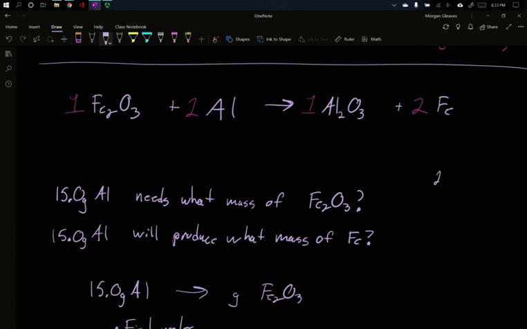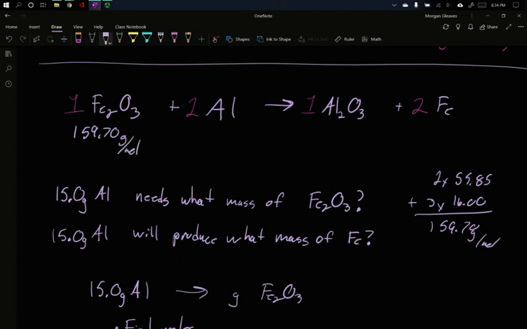Well, iron, 2 times 55.85. Oxygen, 3 times 16.00. 159.7 grams per mole.